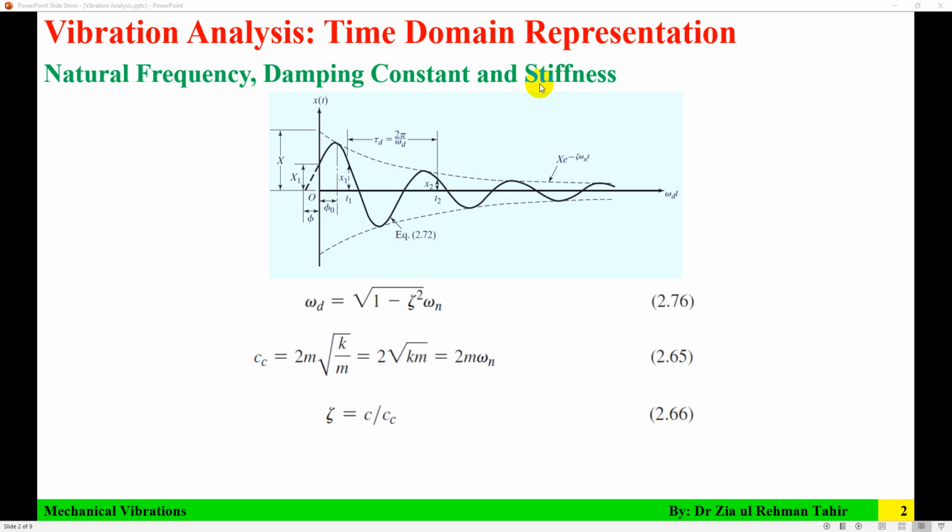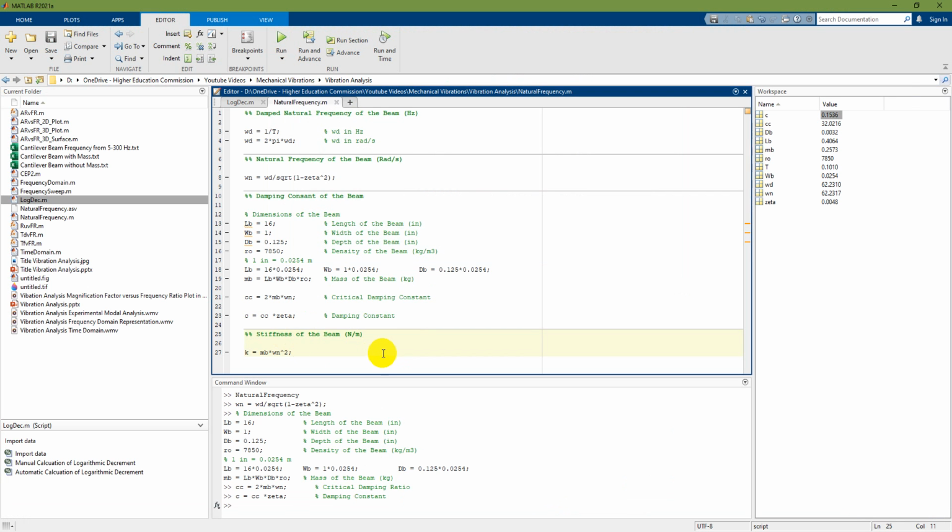Now the last step is to calculate the spring stiffness or equivalent stiffness of the beam, and the formula for that is omega n is equal to the square root of k over m, and here k will be equal to mass times the square of the natural frequency. So the stiffness of the beam in Newton per meter is K equal to the mass of the beam times the natural frequency squared.